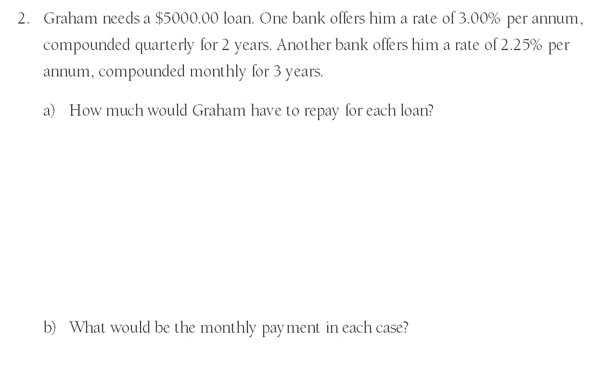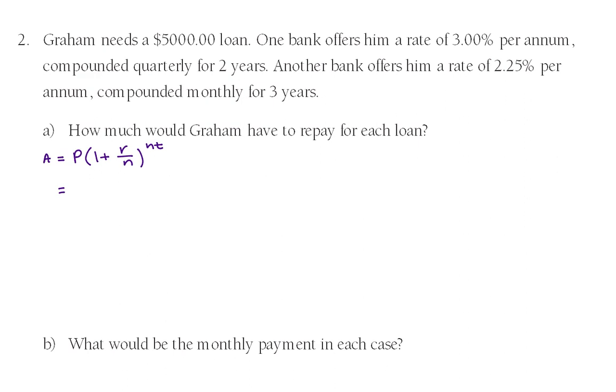So we're going to have to start with 2 equations here, both of them being A equals our compound interest formula, which is P times 1 plus R over N to the power of N times T. Okay, so for the first loan, we've got a principal of $5,000, actually for both loans.